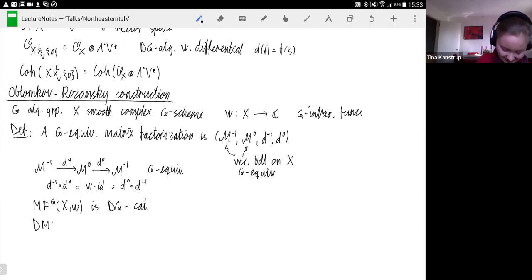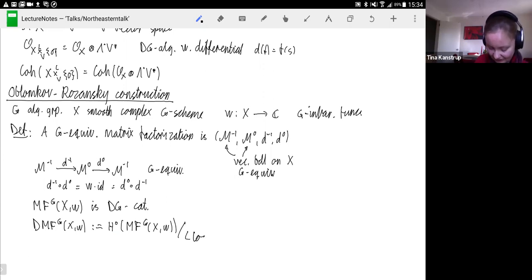And then I can take this maybe slightly weird form of derived category, which is the absolute derived category introduced by Positselski. Namely, if I have a DG category, I can take its homotopy category. What is maybe a little strange is that I need to mod out by what's called locally contractible.